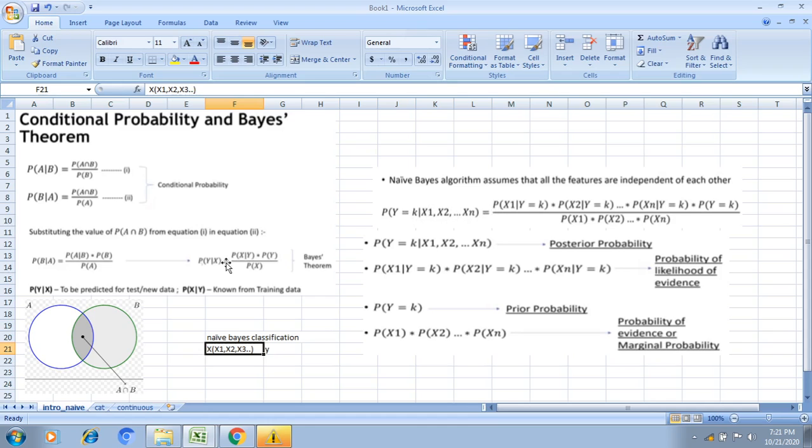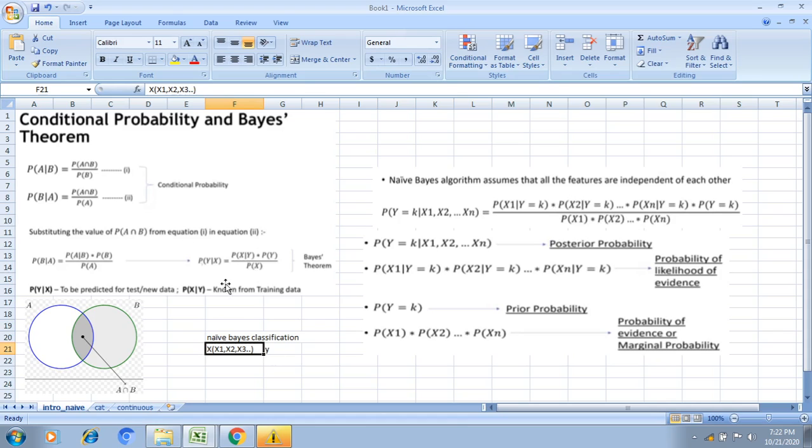The numerator's first term, probability of X given Y, expands to probability of x1 given class Y equal to k, multiplied by probability of x2 given class Y equal to k, and so on, multiplied by probability of xn given class Y. Similarly, for probability of Y, I am representing Y equal to k. This is divided by probability of x1, probability of x2, and so on, up to probability of xn. This denominator is expanded like this for the independent variables.